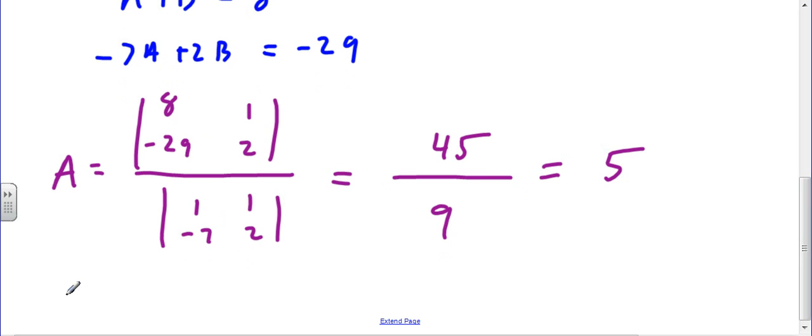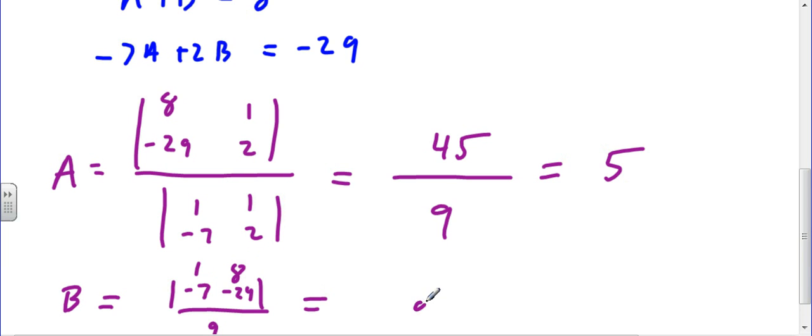And then what's B? B is going to be divided by 9 because that didn't change. On the top I got 1, minus 7, 8, minus 29. So 8 times 7 minus 29 is a 27.